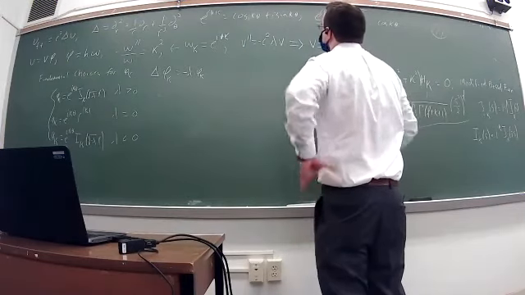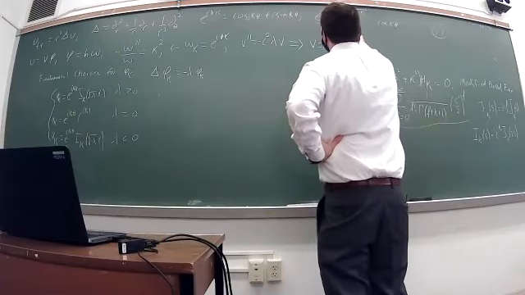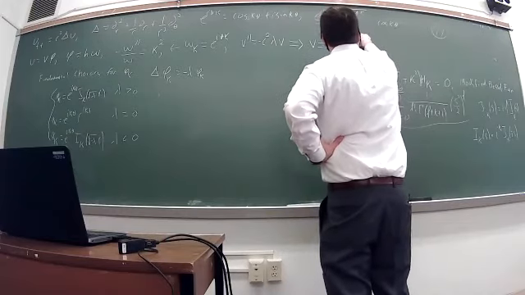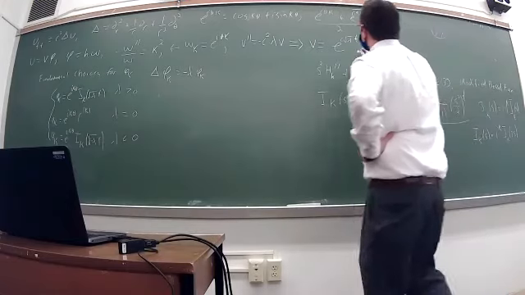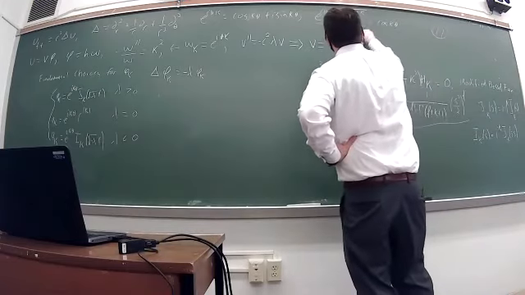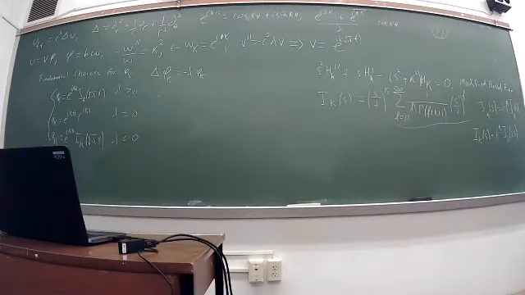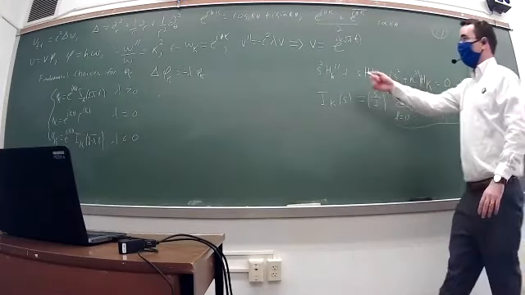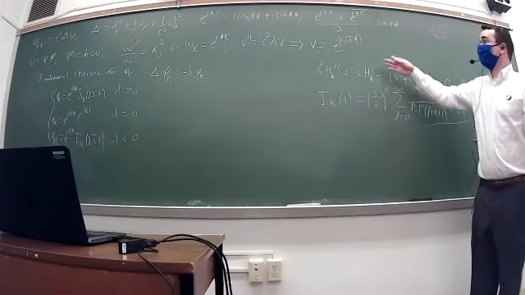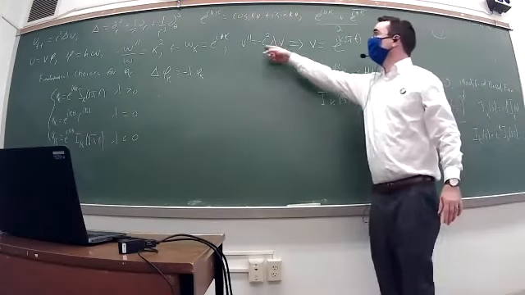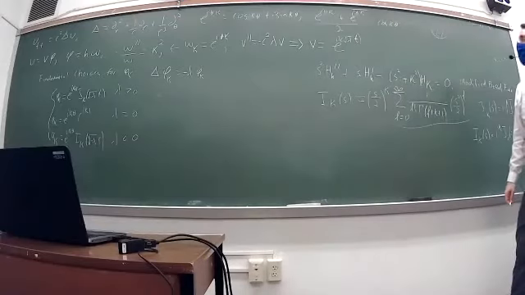e to the i c root lambda times t. I'm just skipping the whole process of going through the characteristic polynomial, taking the roots and writing them out, because we did it for omega, just with a different constant. With omega it was just minus lambda, so here comes c squared on that.